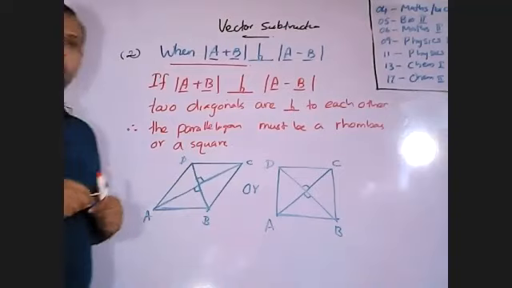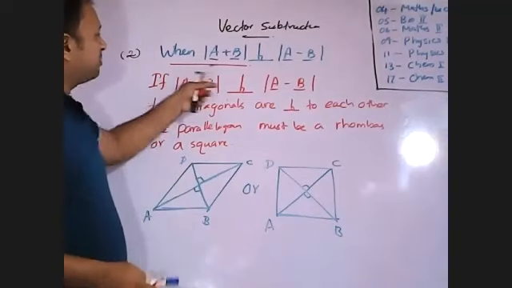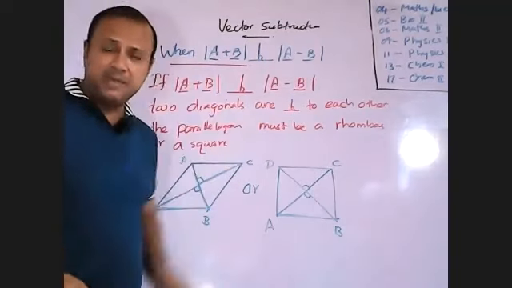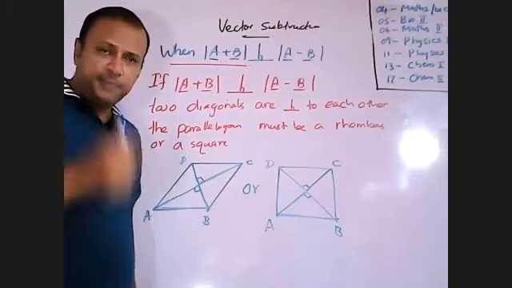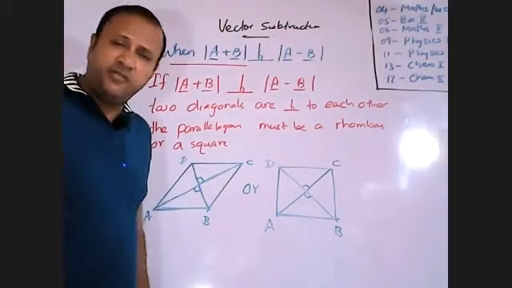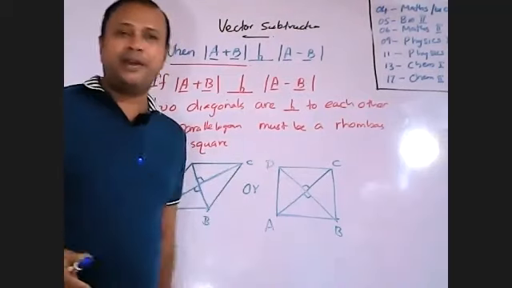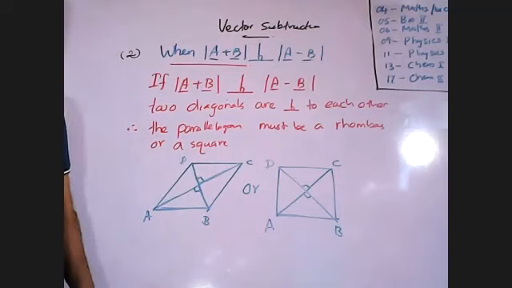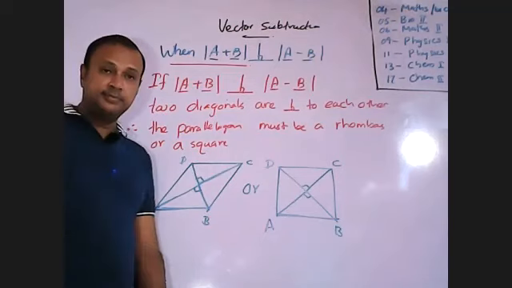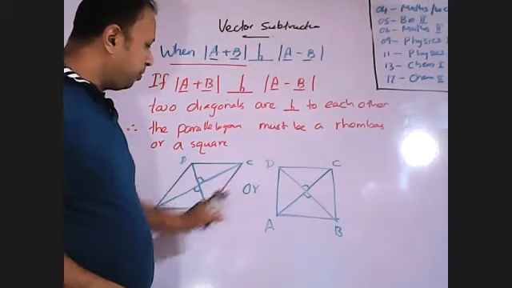Okay. So if A plus B is perpendicular to A minus B, that means definitely it should be a rhombus or a square. Tell me, what is the common feature for these two parallelograms?